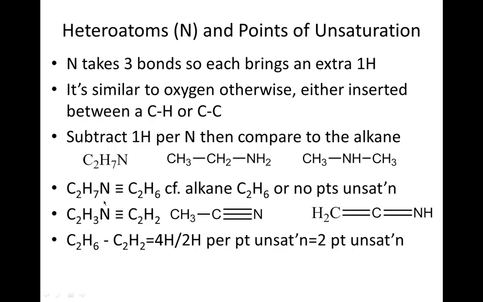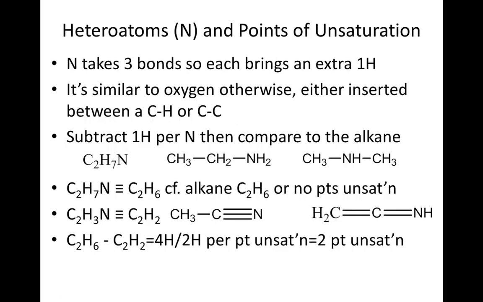So when we look at the formula, we're going to take away 1 hydrogen for each nitrogen. So this formula is going to be equivalent to C2H6, which again is the alkane formula, no points of unsaturation. If we have this formula, we take away 1 of these hydrogens for that nitrogen. That's equivalent to C2H2, and here's an example of a structure that would meet that. This is a common functional group, a nitrile.